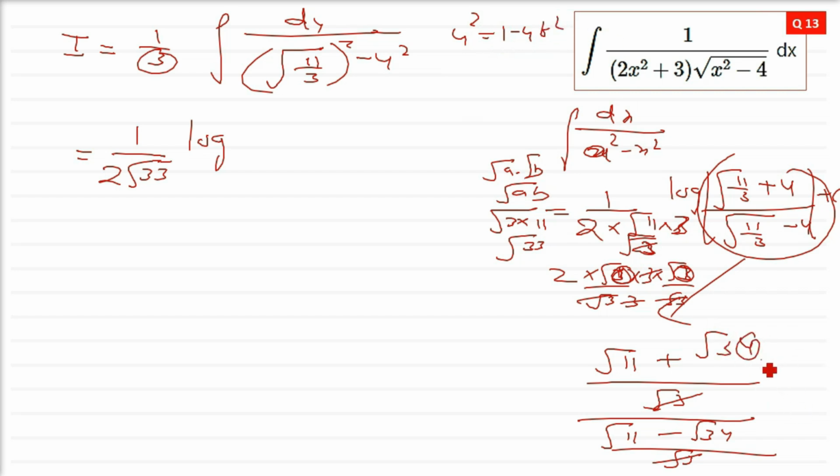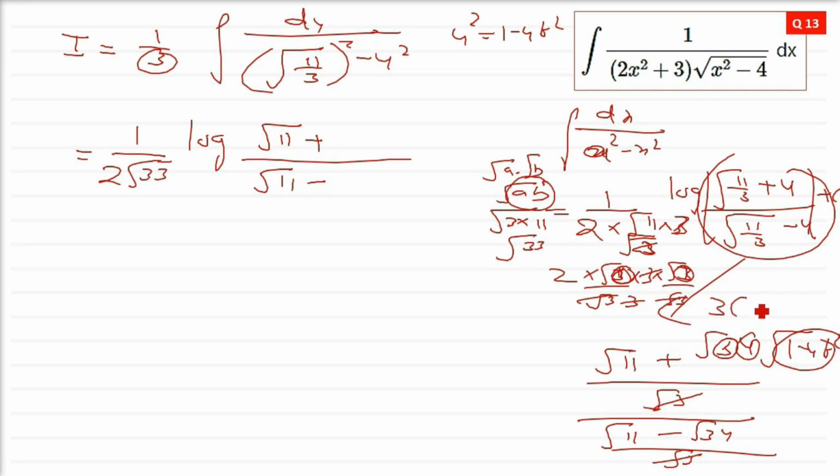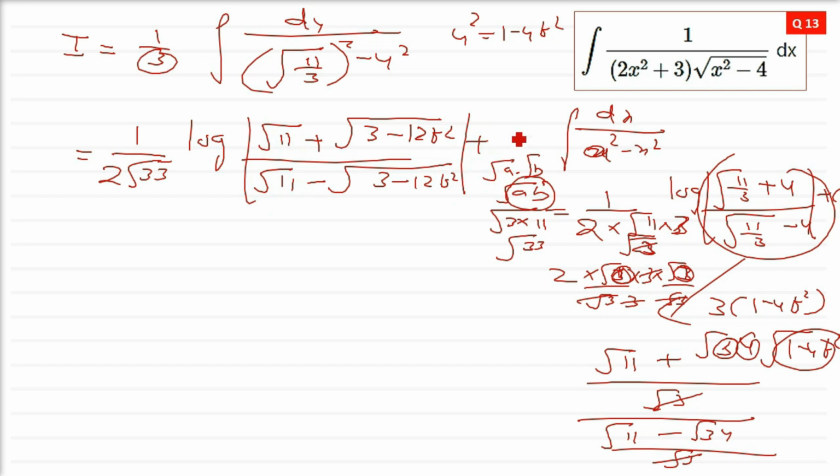So this will be under root 1 minus 4t square, and under root a into under root b is under root ab, so you can multiply 3 with 1 minus 4t square. After multiplication, under root 11 will remain the same, then plus and minus in the numerator and denominator respectively, with the same content, which is 3 minus 12t square, inside the modulus sign, plus constant of integration.